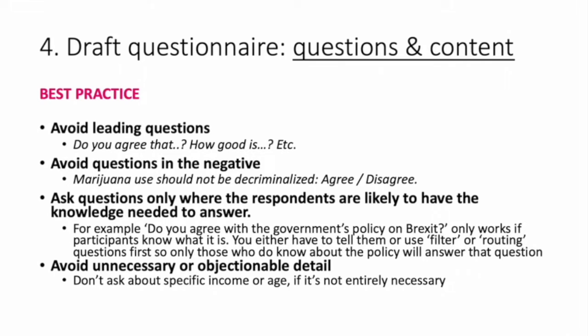To make them not leading, you would say, what did you think of X? Perhaps something you could use a Likert scale for is agreement, to say, how much do you agree with the following statement? And then you might have different points to say, completely disagree, somewhat disagree, neither agree nor disagree, somewhat agree, and then agree.